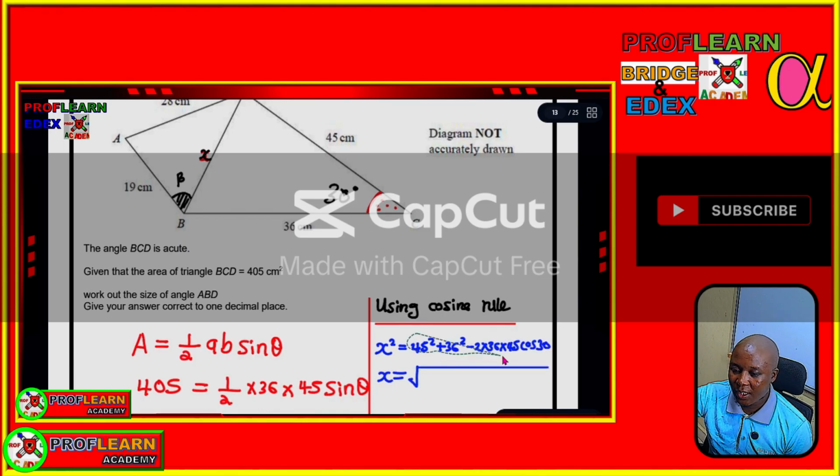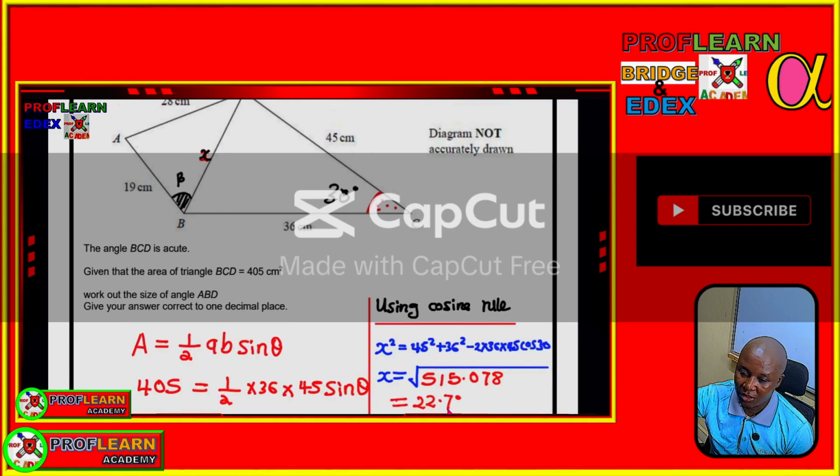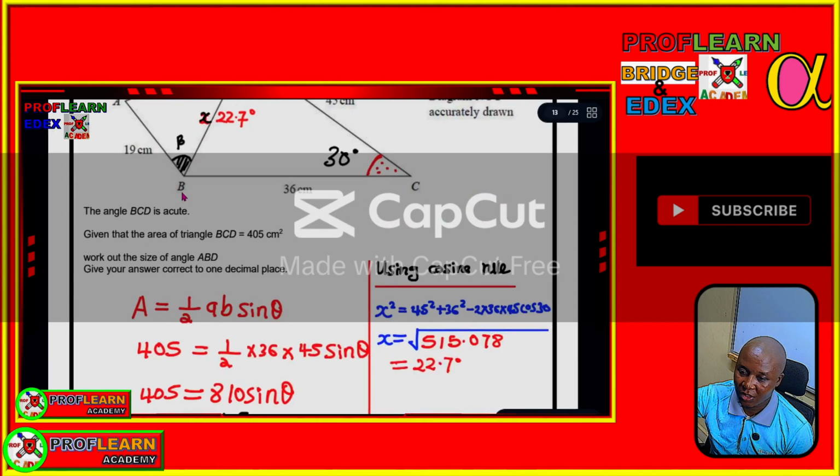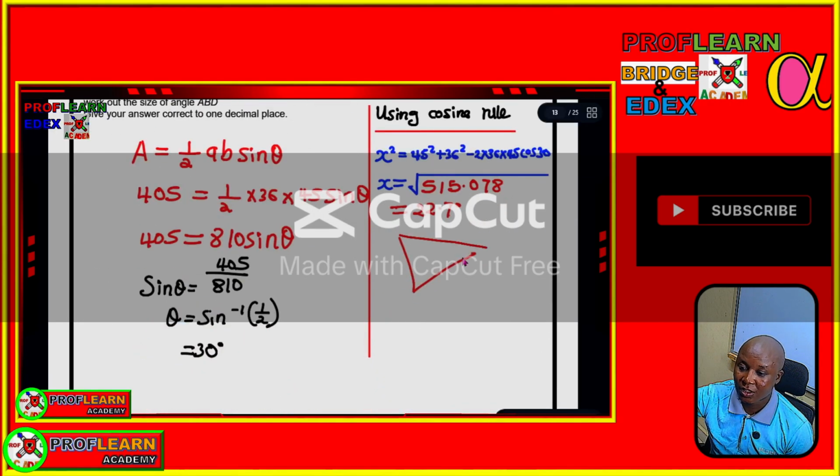Putting that in the calculator and finding the square root, we get 22.7 centimeters. Yes, centimeters, not degrees. So we have 22.7 here, we have 19, we have 28. To find angle beta, we are again going to use the cosine rule.